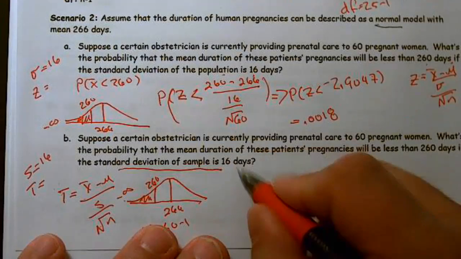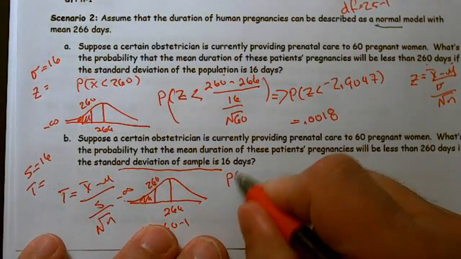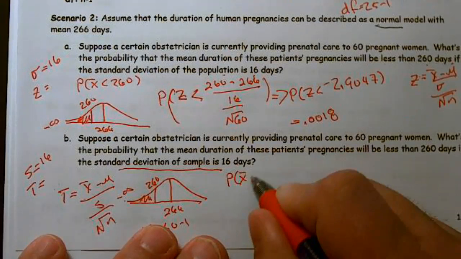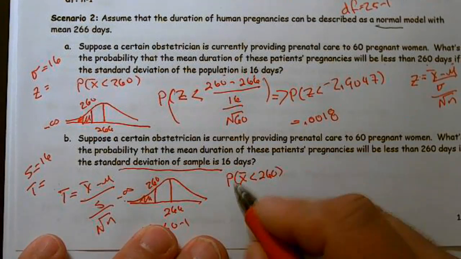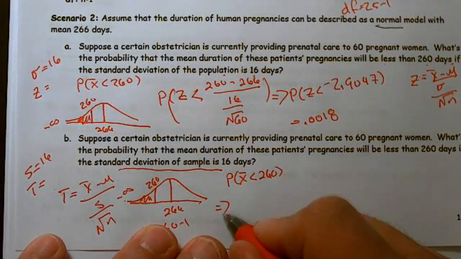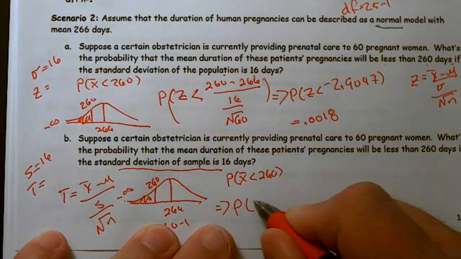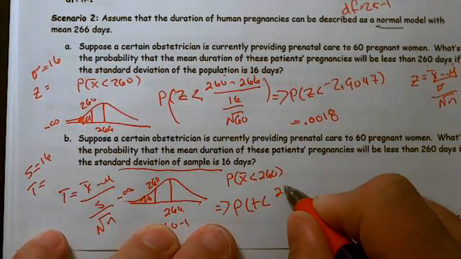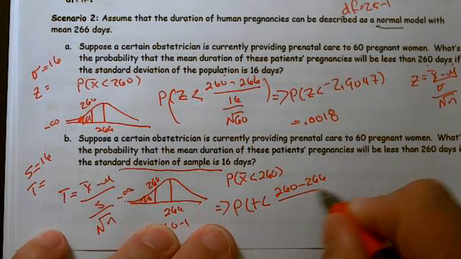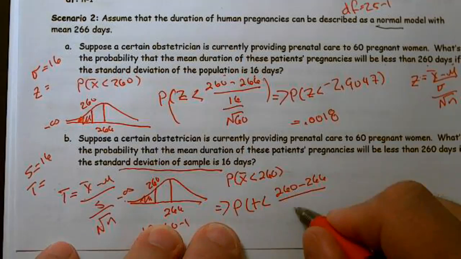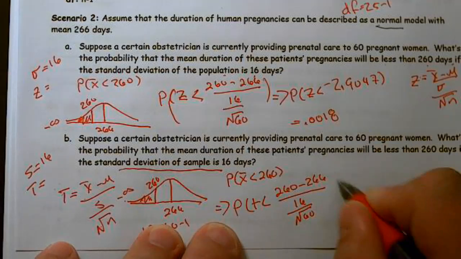We want the probability. Our probability statement ends up being the same: X bar is less than 260. And that is the same as the probability that T is less than 260 minus 266 over standard deviation of 16 divided by the square root of 60.